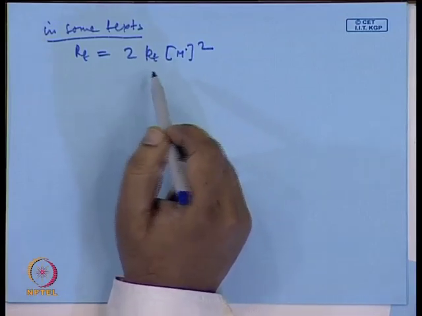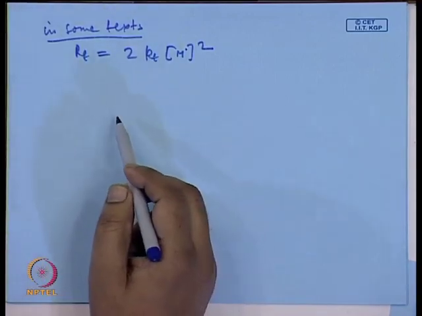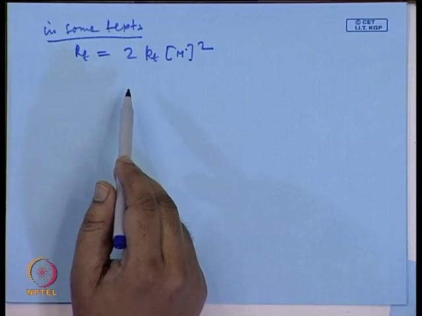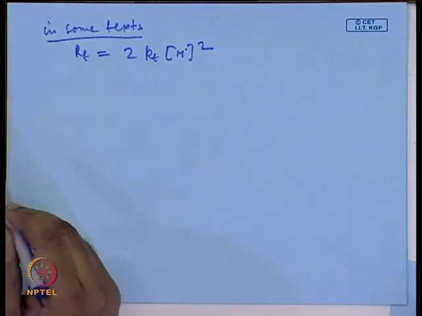If you choose not to write 2, then during the initiation reaction also you have to choose not to write 2. We will come back to the rate of initiation when we write the expression for Ri.